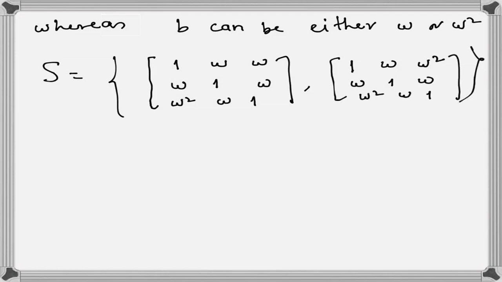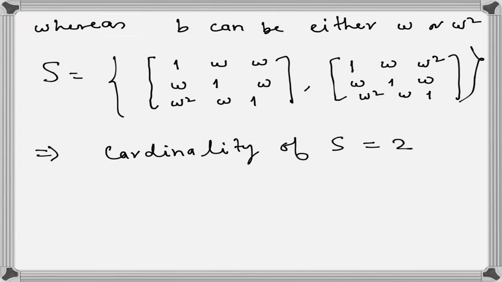So these are the possible matrices, which means S can have only 2 matrices. This implies the cardinality of S, also denoted by mod S, which is the number of elements in S, is equal to 2. So this is the final answer.